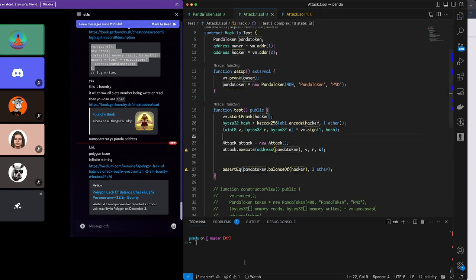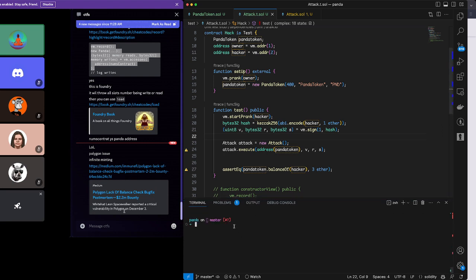So now we can go ahead, jump into the terminal and give this a crack. Forge test. It's going to compile it for us. All right.